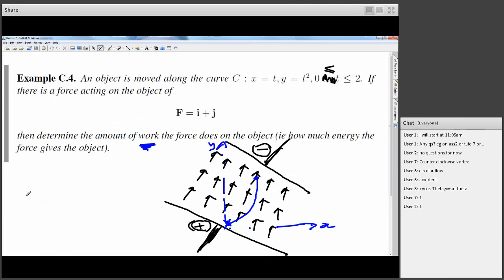So how do you work out the work? The work done ends up equaling the force dot product with dx. That's the formula for work. The dot product is really just saying the direction of the force in the direction of the curve.